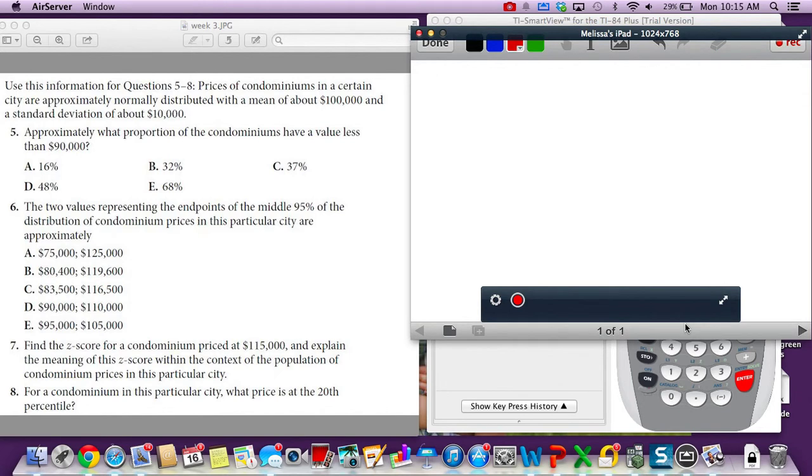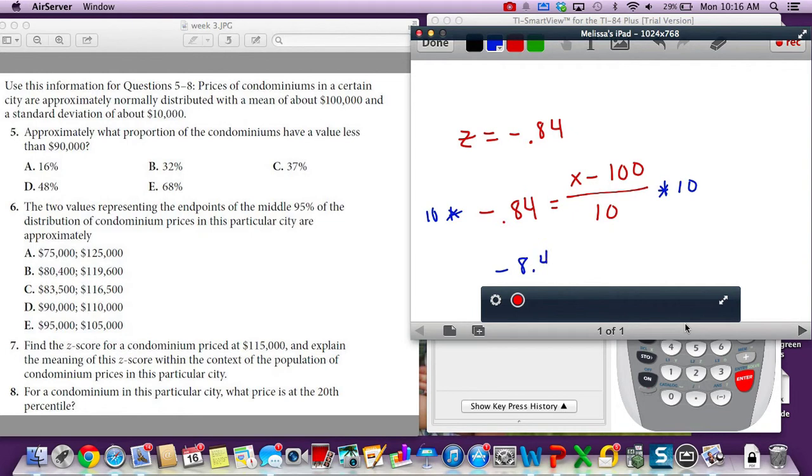So if my z-score is negative 0.84, and I'm trying to figure out then my actual number. So I'm trying to figure out my x, and my mean, remember, was $100,000, and my standard deviation is 10. So now I just want to solve for x. So I'm going to multiply both sides by 10. And I get negative 8.4 equals x minus 100, because that canceled out there.